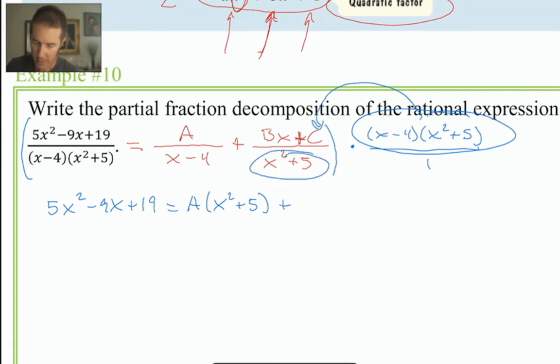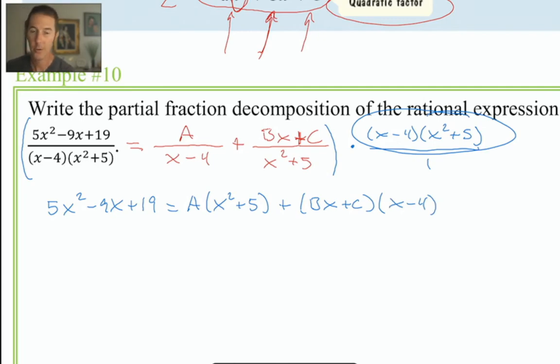The x squared plus 5 is going to cancel with this x squared plus 5, leaving me with the original bx plus c that was there, and the x minus 4 will still be there. So just getting to this point does require some organization, okay? So take it slow, skip lines if you're using lined paper. Give yourself some room for your eye to see each individual step as you're marching through this process.